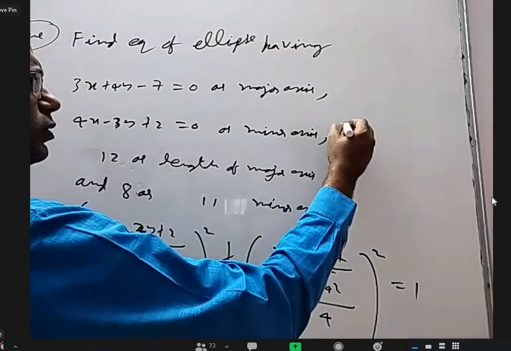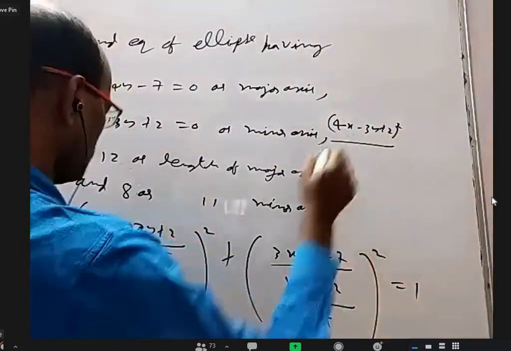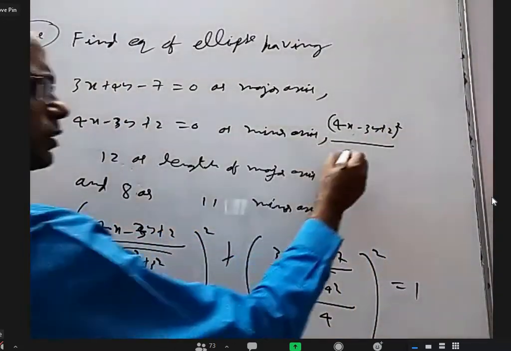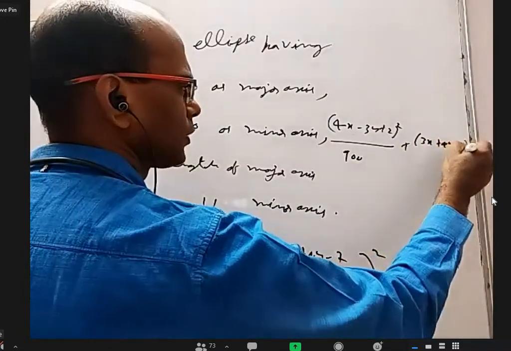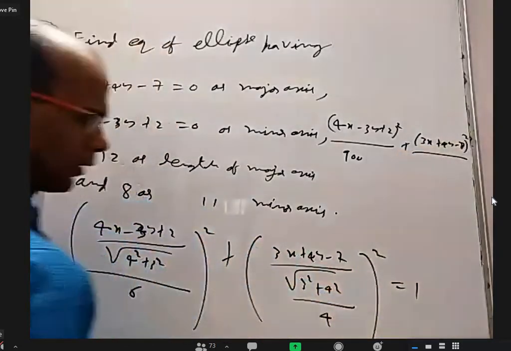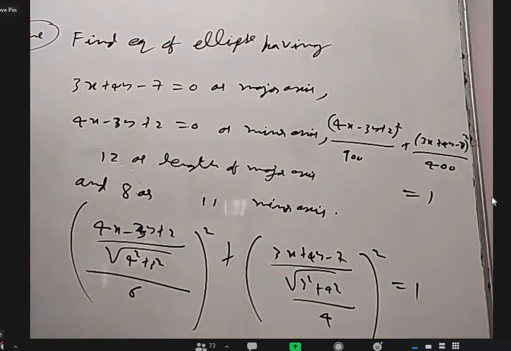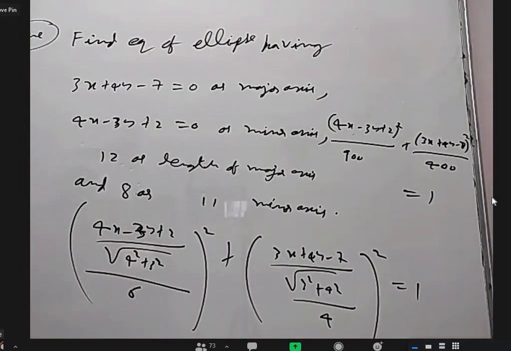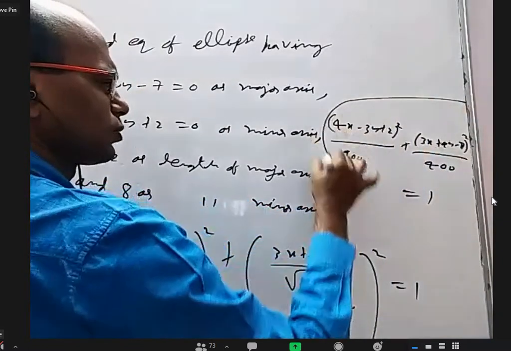You don't have to expand the whole thing. (4x minus 3y plus 2) whole square by (5 times 6 is 30) 900, plus (3x plus 4y minus 7) whole square by (5 times 4 is 20) 400, equal to 1. Which is otherwise a lengthy question. We could just do it in one step only, right?